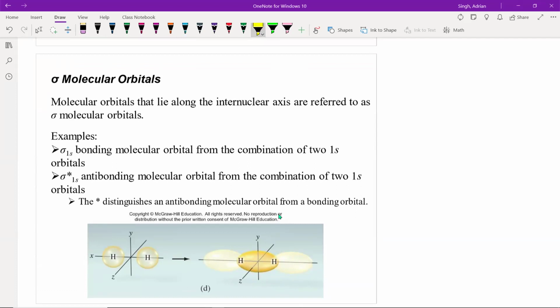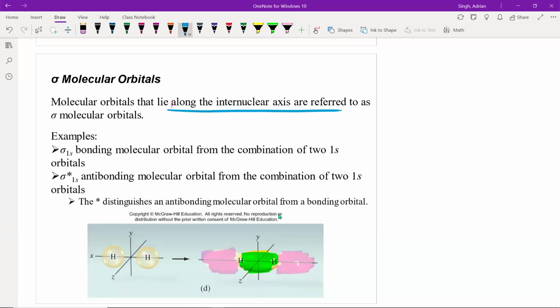So in between the nuclei, we'll highlight this in green. This is going to be our bonding MO in between them. And then the antibonding ones are going to be on the outside like this. The antibonding is a result of destructive combination. The bonding MO is a result of constructive combination.